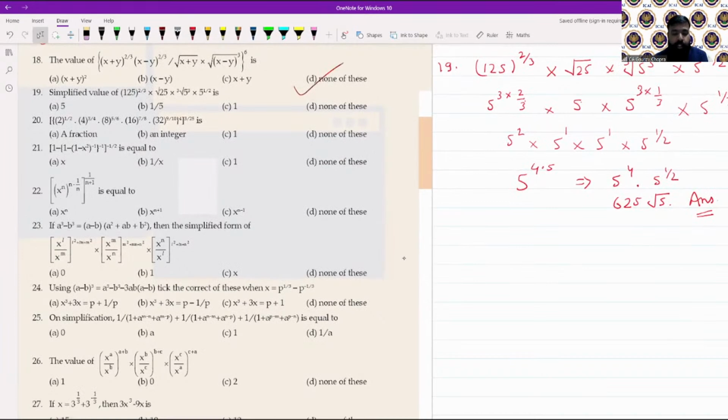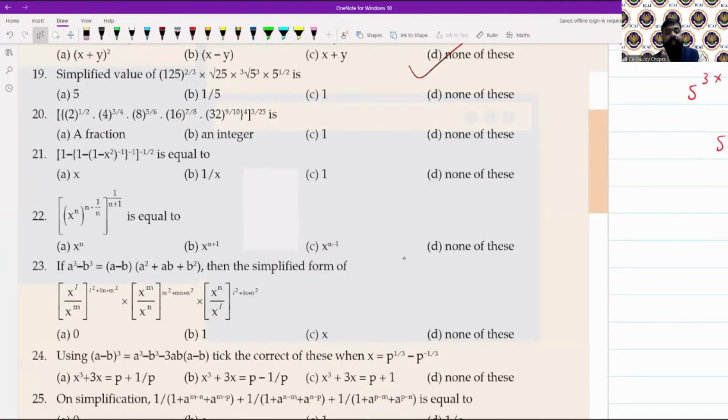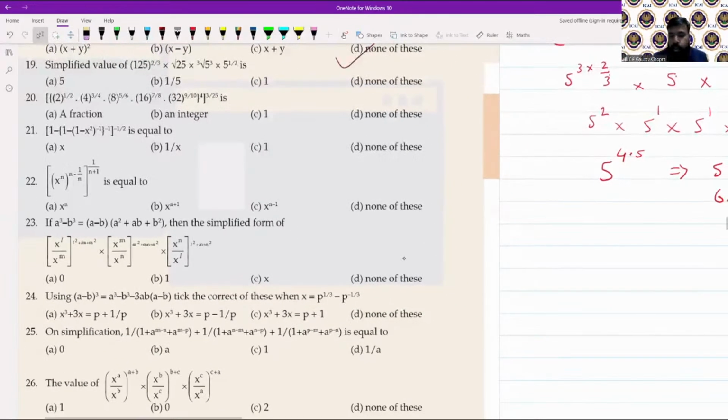Now question number 20. You can see that 2, 4, 8, 16, 32, all these are powers of 2, so we can convert them and then simplify very easily. So let us solve the 20th question now. Question 20.